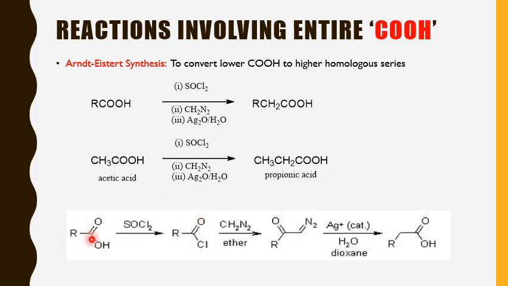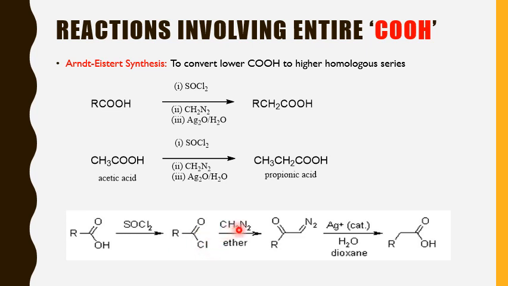So the mechanism is here. In the first step, carboxylic acid upon reaction with thionyl chloride, hope you remember where the OH group will be involved in the reaction. So thionyl chloride will convert this OH to Cl. That means halogenation occurs at the carbonyl group. And acid halide will be formed.